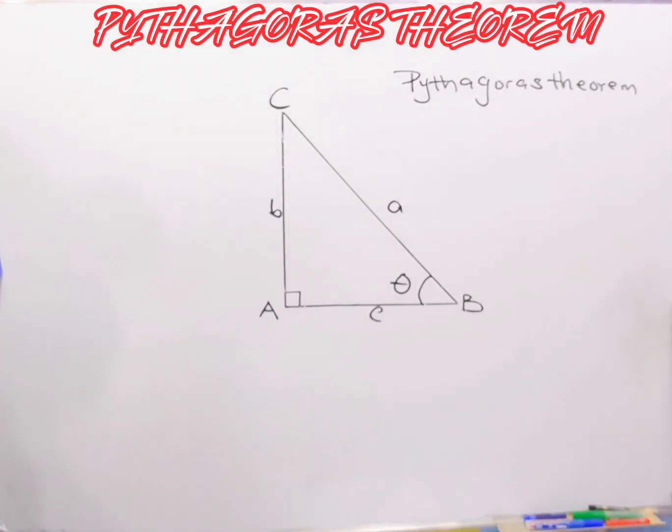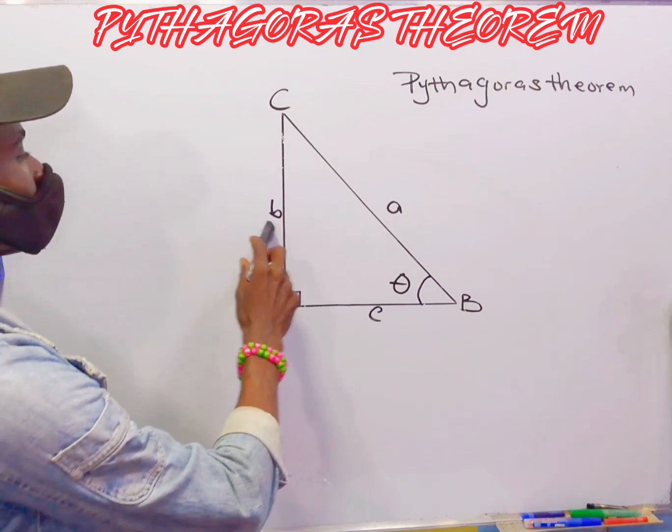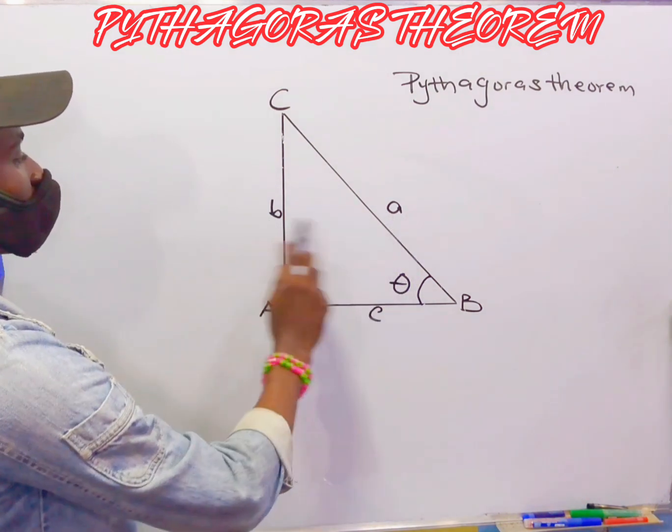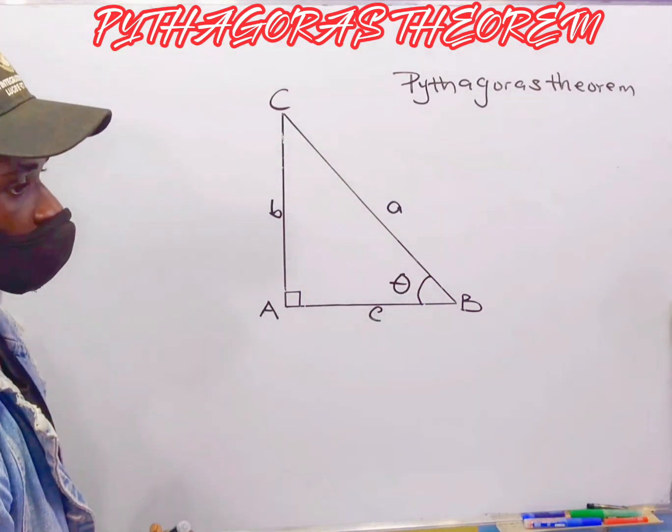Another method used to solve trigonometry, so long as it is a right angle triangle, is the Pythagoras theorem. Now, Pythagoras theorem is only used to find the sides. Pythagoras theorem has no relationship with the angle.